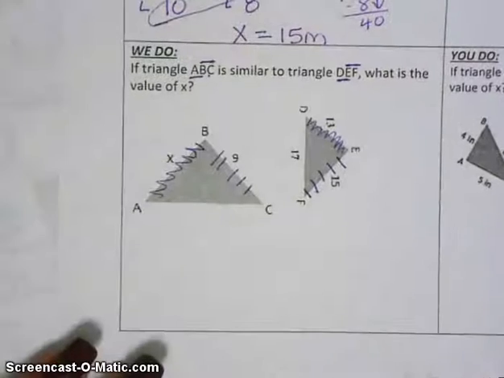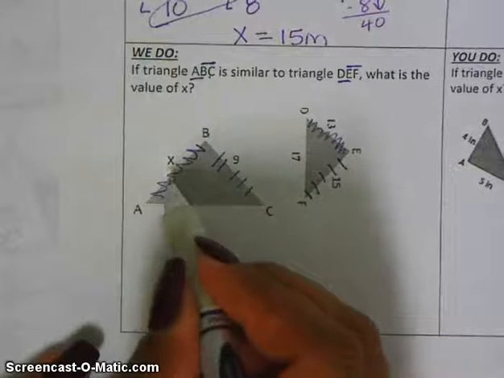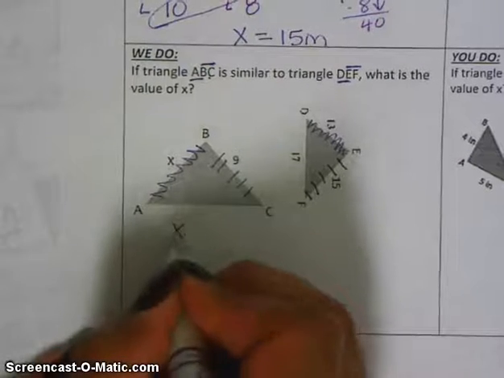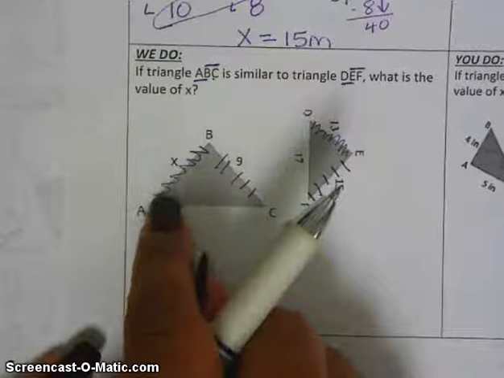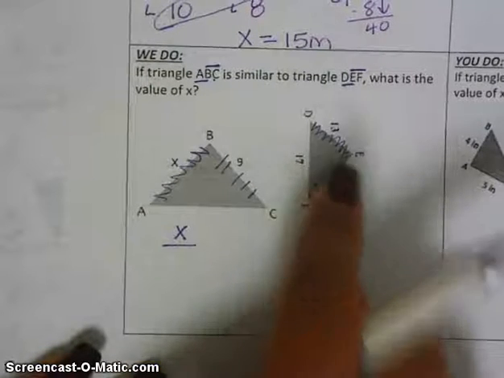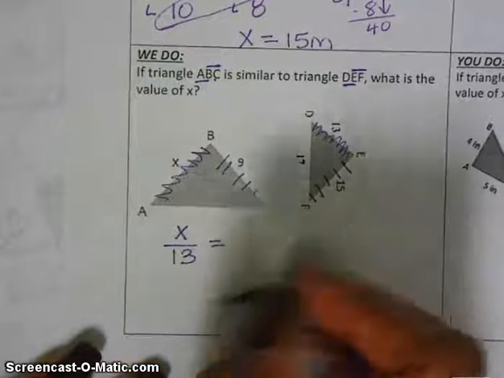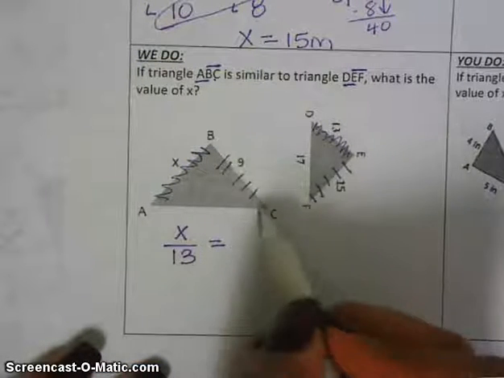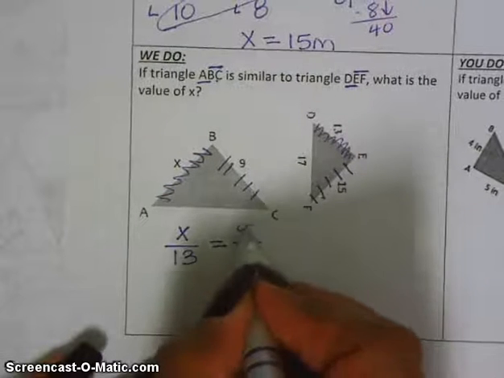Okay, so I know what I have, what my corresponding sides are, so now I'm going to set up my ratio. I'm going to start with the X. X is coming from the stitching, is coming from the squiggly. So I come over here to the small triangle and my squiggly is 13. And it is going to equal, I come back to my large triangle and the stitching is 9.